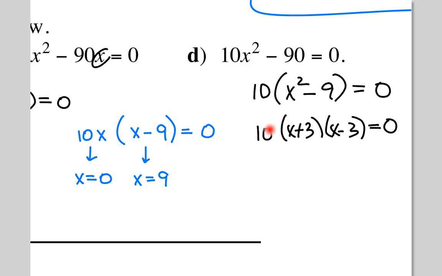So from the first term, 10, there's no x there, so there's nothing about x equals 0. You don't have to worry about that one. You just have this one and this one, negative 3 and positive 3. So the solutions for x1 and x2 are plus and minus 3.